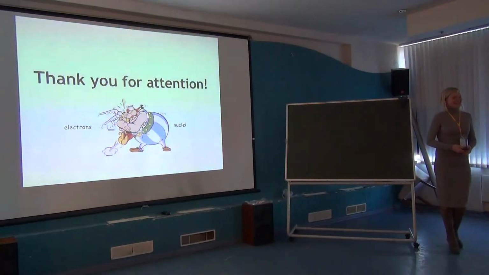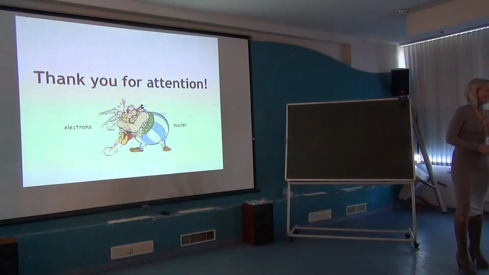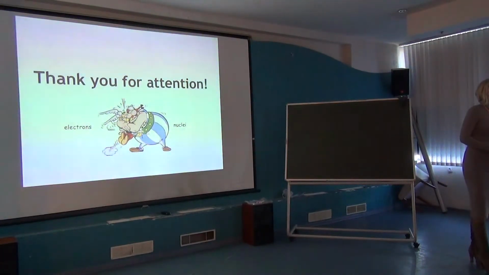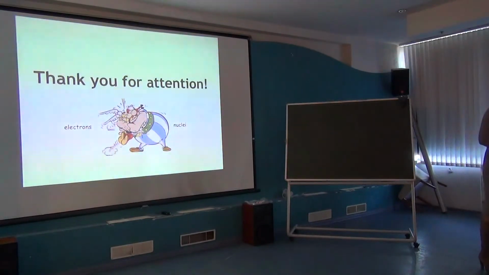Some questions, comments? Thank you very much for this interesting presentation. I have one question. You have shown one slide in which you mentioned the existence of pure spin states. And of course, everybody knows if you are interested in quantum computing, you should have pure spin states.